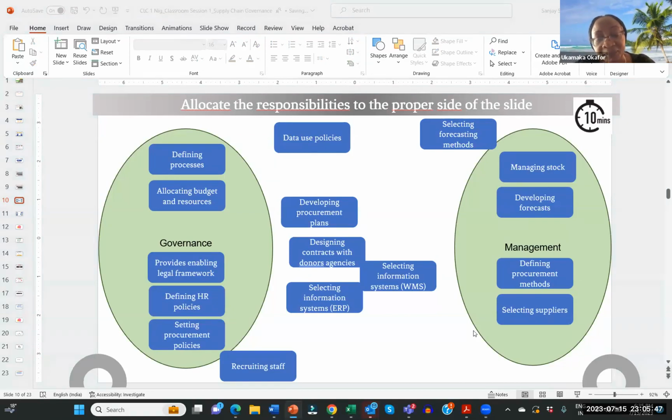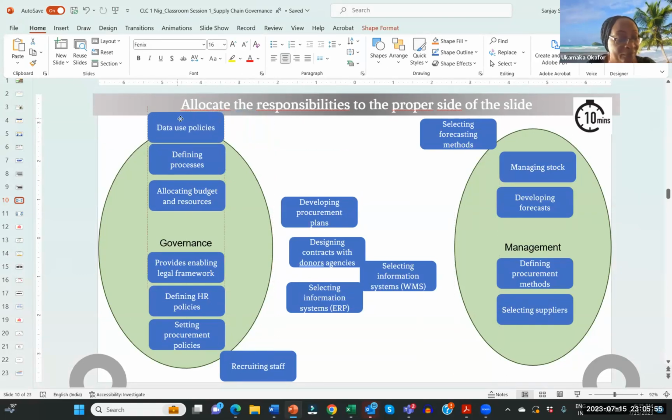Good evening, everyone. Data use policies, governance. All right. Abulaji Akinola, next. Good evening, everyone. Developing procurement plans, management. All right.